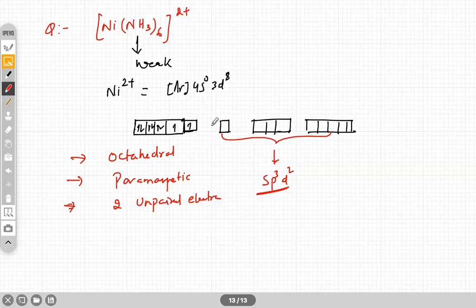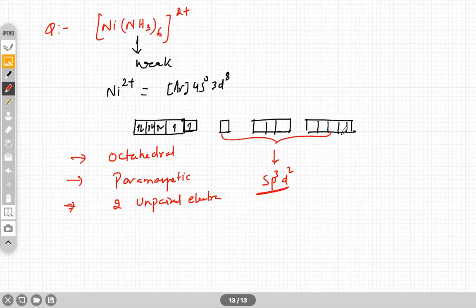If you try to write the hybridization, dsp3d, this kind of hybridization is not possible, right? That's why this orbital won't take part in hybridization at all, and hence it should not be vacant. That's why pairing against Hund's rule is not possible. Hence it is sp3d2.